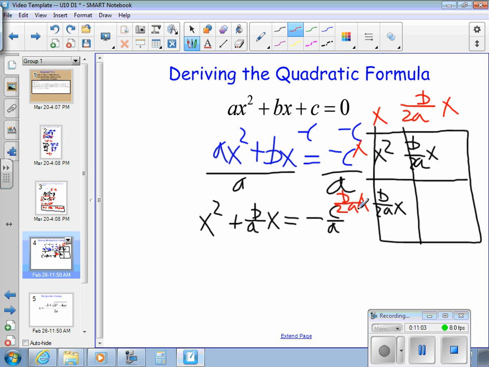So in here, I'm going to get b over 2a, that quantity squared. Okay, so now I'm going to add that to both sides of the equation to create a perfect square.